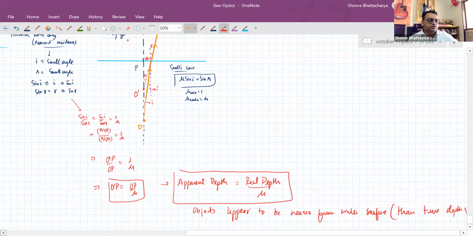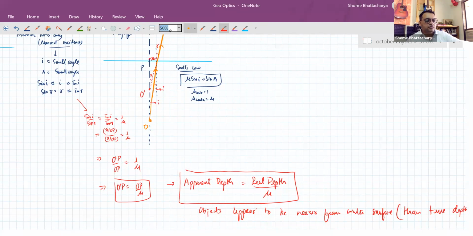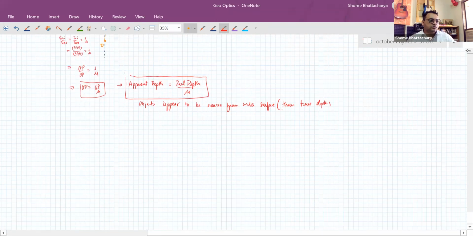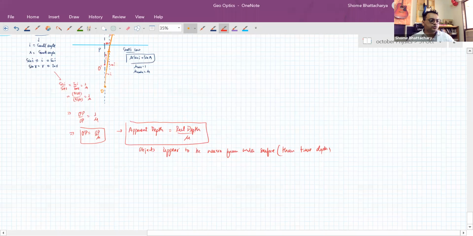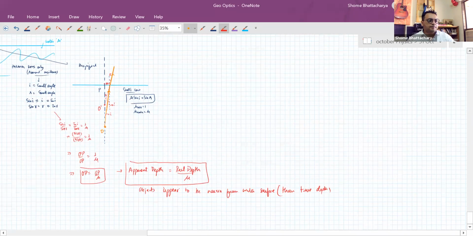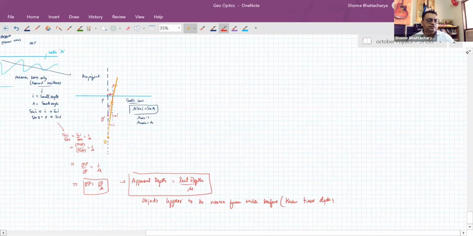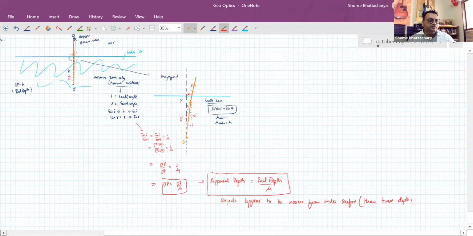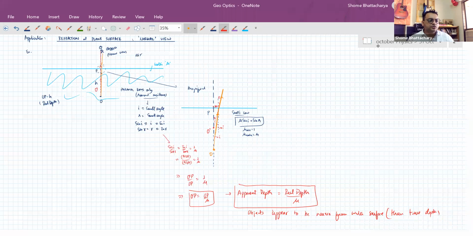So make a note of this, and with this we complete today's session. You will find the same derivation in HC Verma also. I will send a list of questions that you can do from HC Verma this week from geometrical optics, and get familiar and comfortable with spherical mirrors and refraction at plane surface. Next week we will continue with refraction at spherical surface, and then thin lenses.